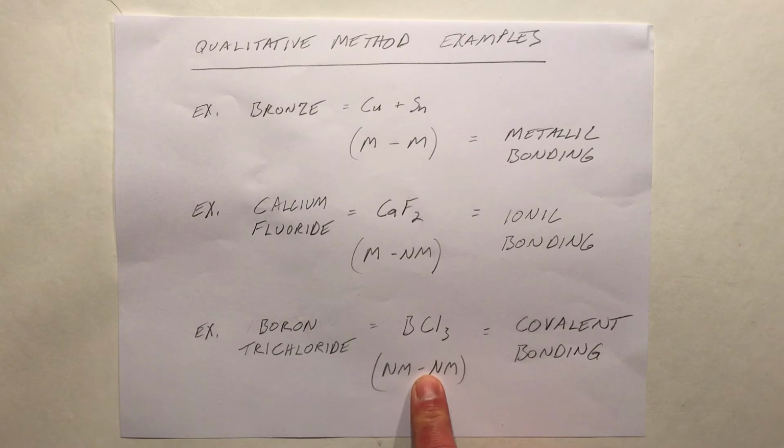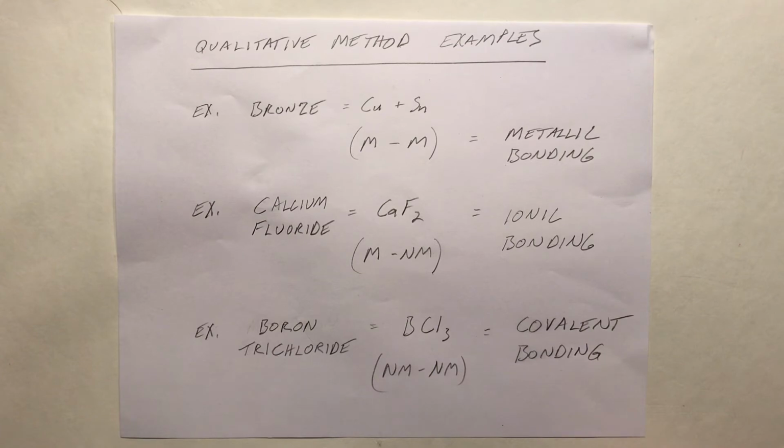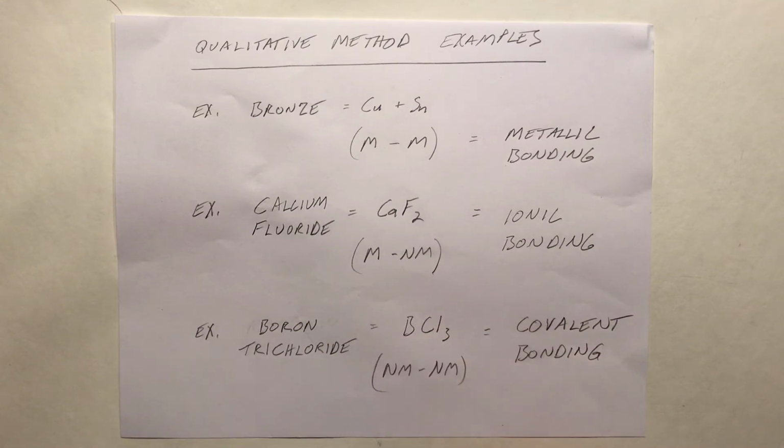So when they bond to each other, they share those valence electrons, and we're going to get covalent bonding. As a result, we'll get a single piece of BCl3 called a molecule. The term molecule means little lump if you translate it from Latin. So we get a little piece of that BCl3, a molecule of it.